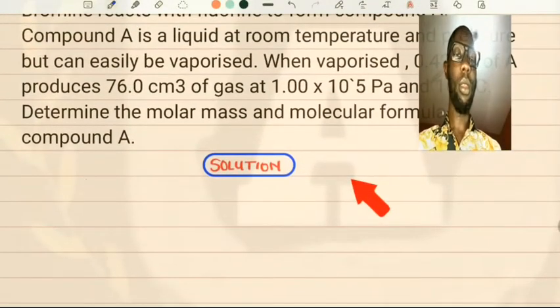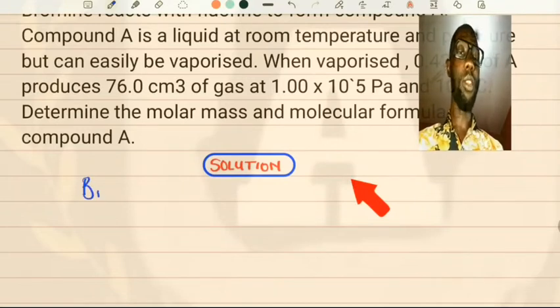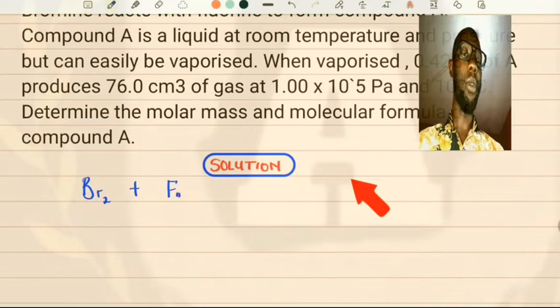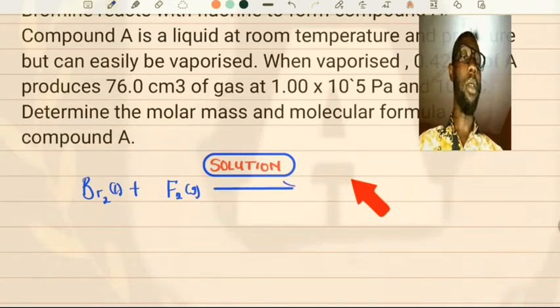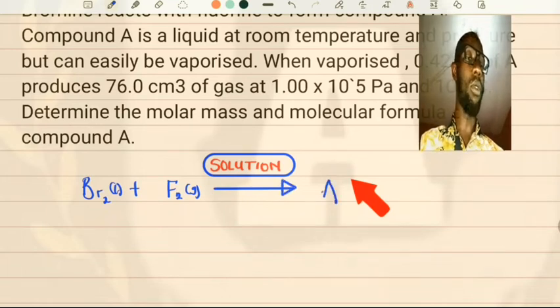Now, bromine actually reacted with fluorine. Fluorine is a gas, bromine is a liquid, to form a compound A, which is actually a liquid. We don't know.